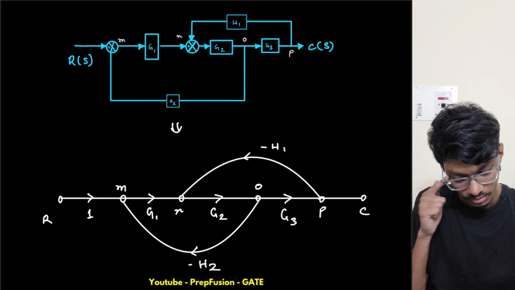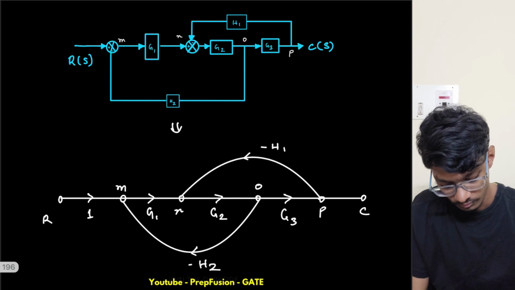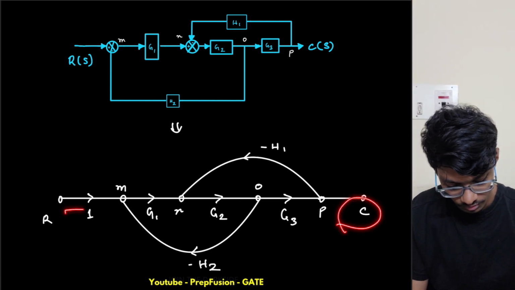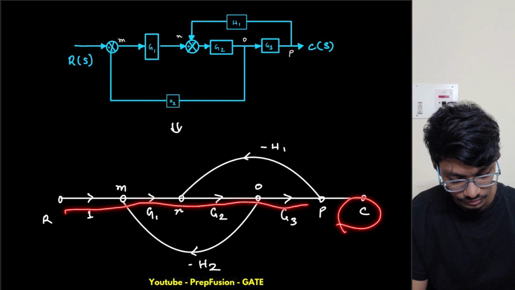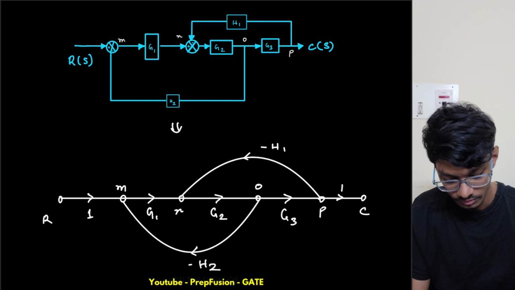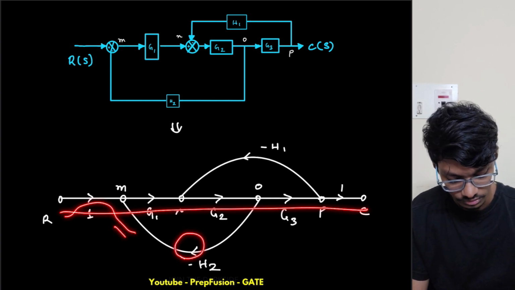Firstly let me find the number of forward paths. How many paths are there from input to output? As you can see, I can go with the flow only here. Can I move from here? No, this is against the flow, so I can't move from here.